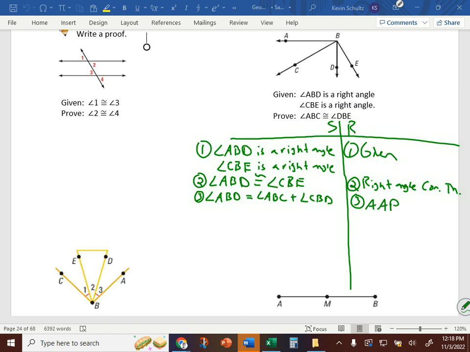The AAP. I should write that out because we're still not quite there. Angle addition postulate. Now, can we introduce angle DBE the same way? What do we know about angle DBE? Arlene?